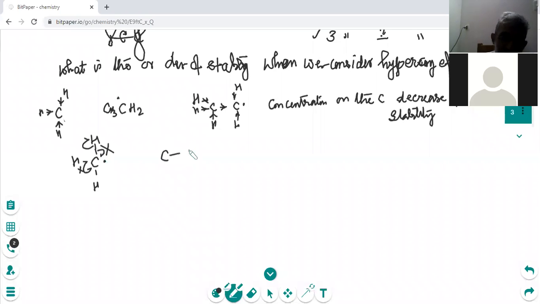When you have an alpha hydrogen, here is a radical. These two hydrogen will not participate, but the next hydrogen on the next carbon will participate. See here. You can see a double bond formation here.